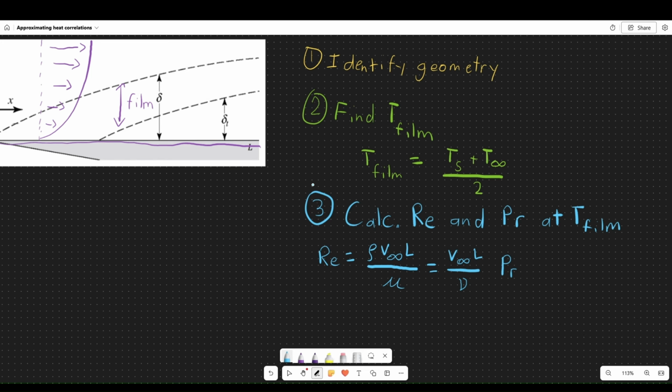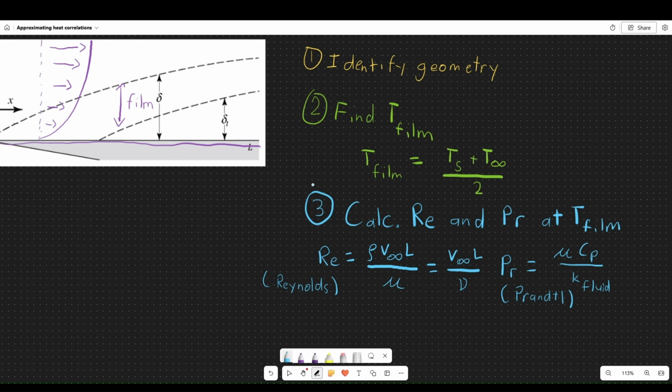So the Prandtl number here, let me write what they are. So this is Reynolds, and this is Prandtl. All right, and the Prandtl number is equivalent to mu, which, remember, is the viscosity, times the specific heat, divided by the conductivity.